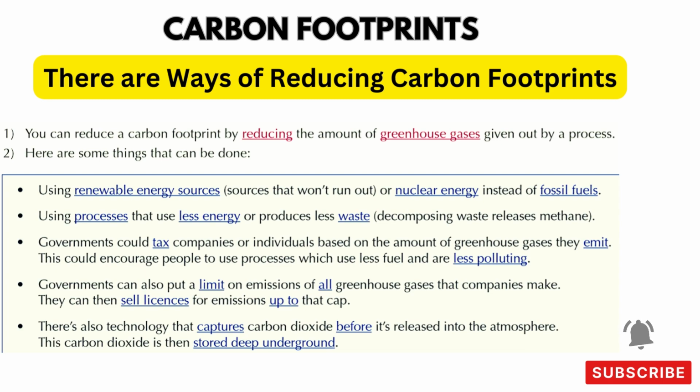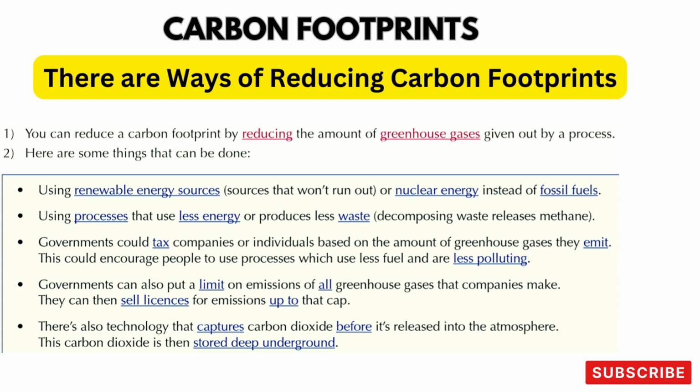Governments could tax companies or individuals based on the amount of greenhouse gases they emit. This could encourage people to use processes which use less fuel and are less polluting.